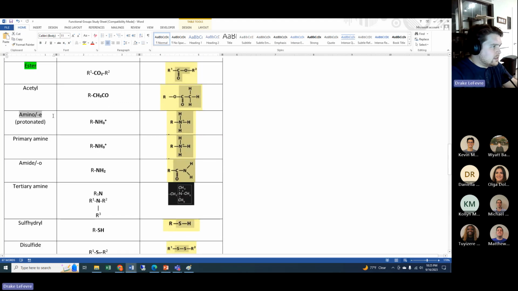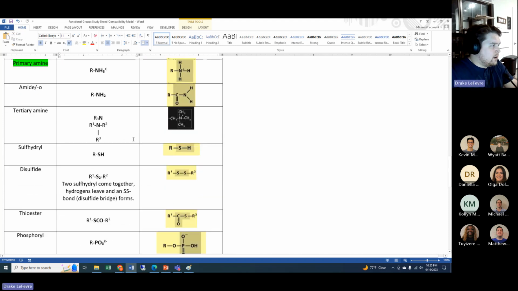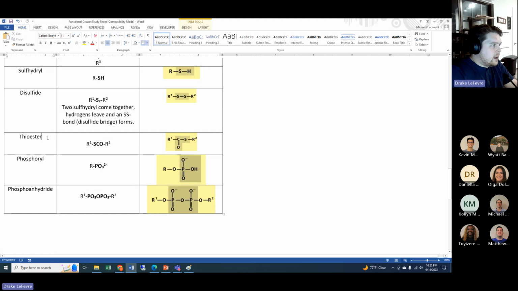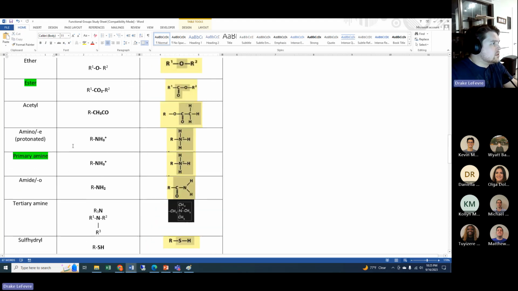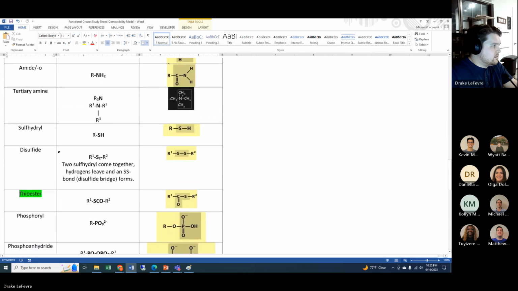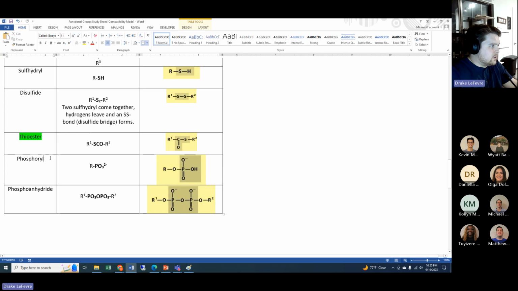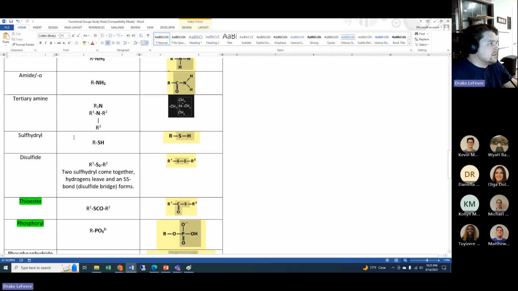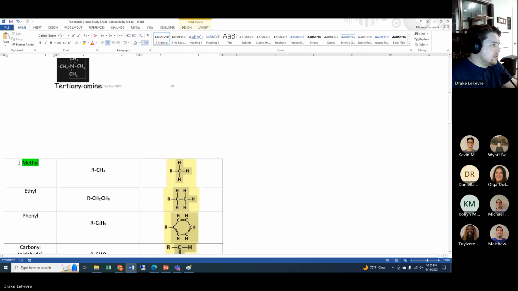The amine groups, specifically the primary amine group, when we talk about proteins and everything, those will pop up. Thioester will occasionally pop up, as well as phosphate. These are the main ones that will pop up.